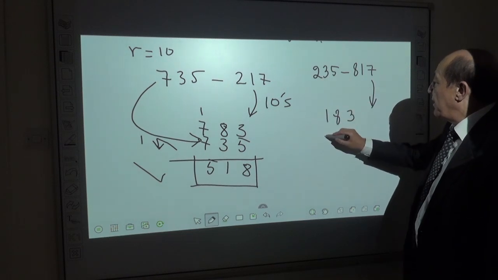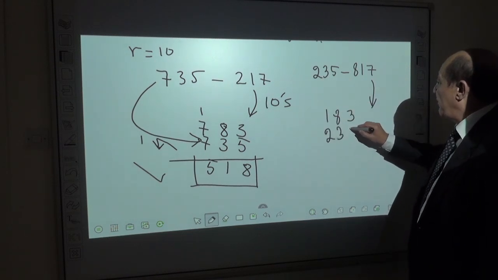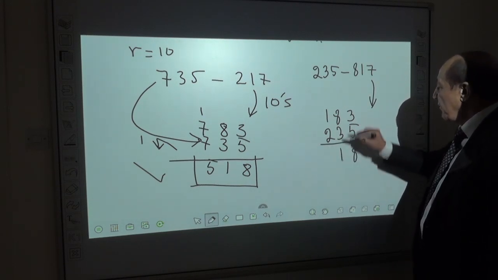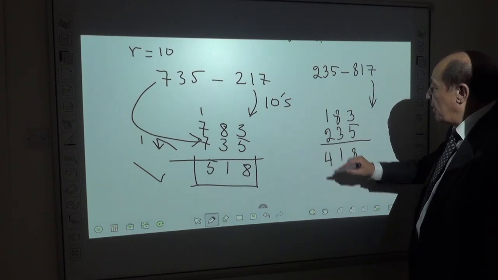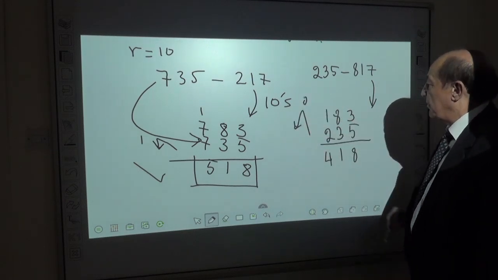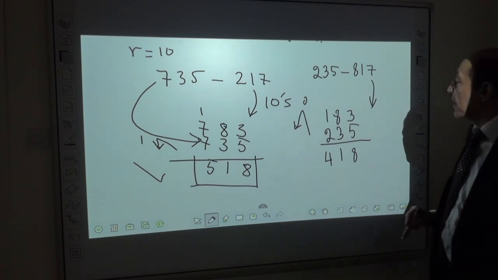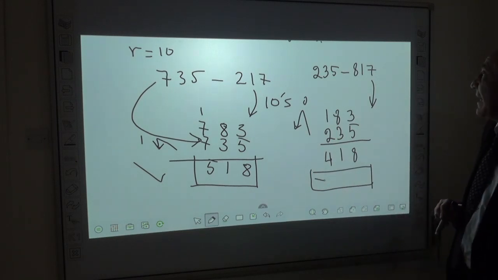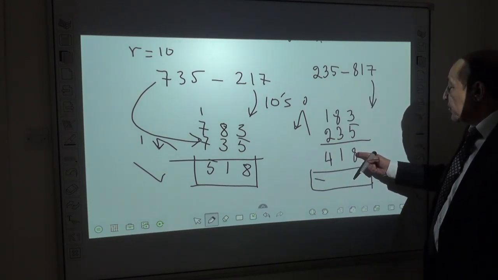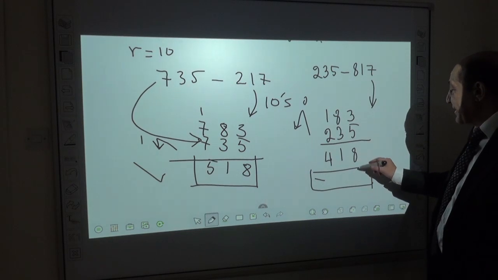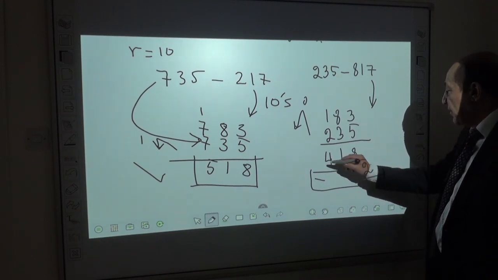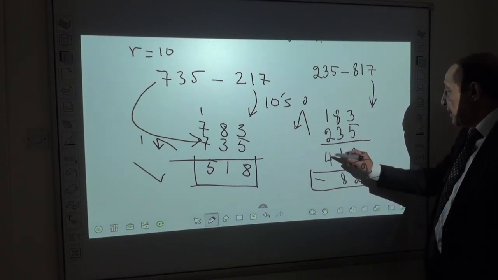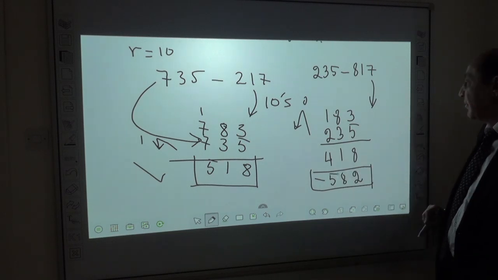We add this to 235: 8, 11, 4. No end-around carry. Since there is no end-around carry, our result is negative and represented in the 10's complement form. In the 10's complement form, this number is 2, all the remaining from 9, 8, and from 9, 5.